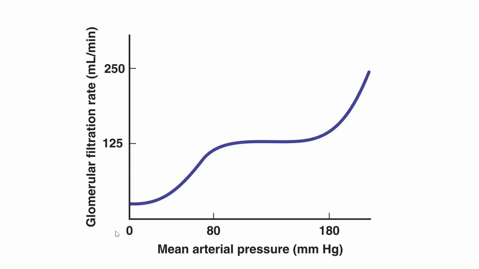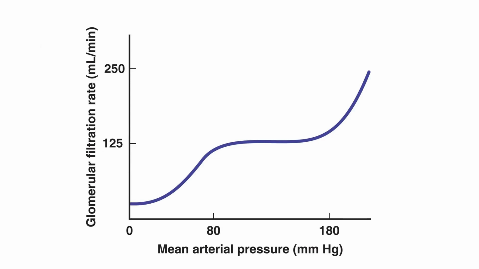So within our mean arterial pressure, right? If we have a mean arterial pressure anywhere between 80 millimeters of mercury and 180 millimeters of mercury, we keep our GFR consistently at 125 milliliters per minute. And so this is the tight regulation of GFR. That means that if my mean arterial pressure goes from 80 to 90, GFR stays at 125.